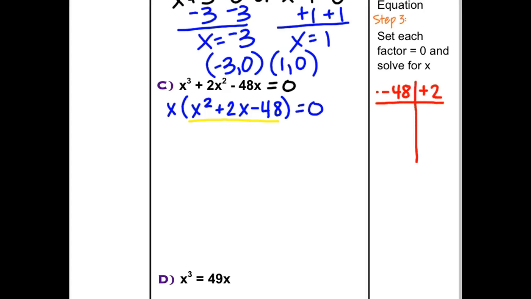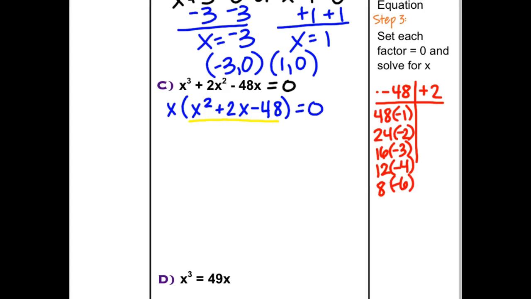So if I need to add to a positive, it means my bigger number is positive, so we got 48 and negative 1. We've got 24 and negative 2. We got 16 and negative 3, 12 and negative 4, and 8 and negative 6.